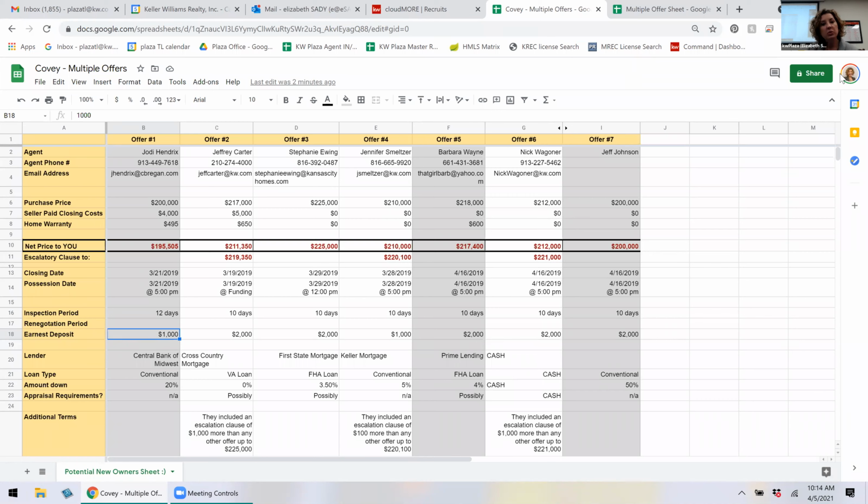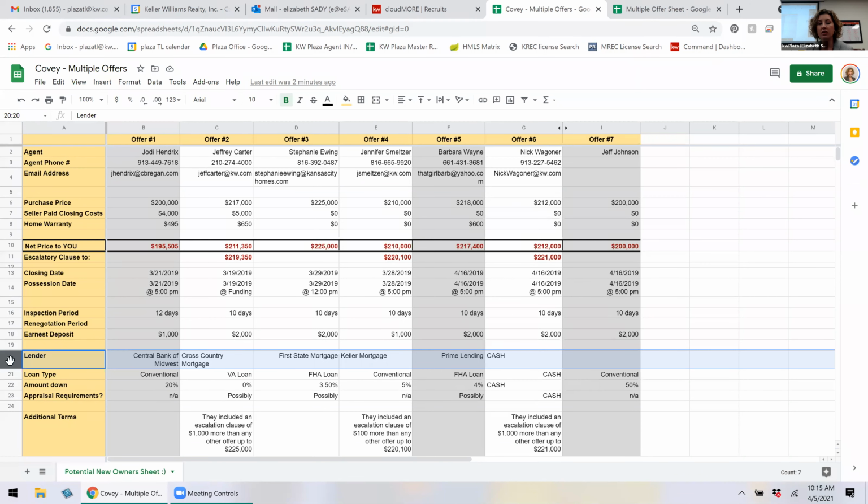Okay, next section was really more on the lender part. So I would include who the lender is for the offer. And the reason that this is important is because as agents, we all know that working with a local lender is very different than working with a Bank of America or Quicken Loans sometimes, and can make a really big difference to the client.